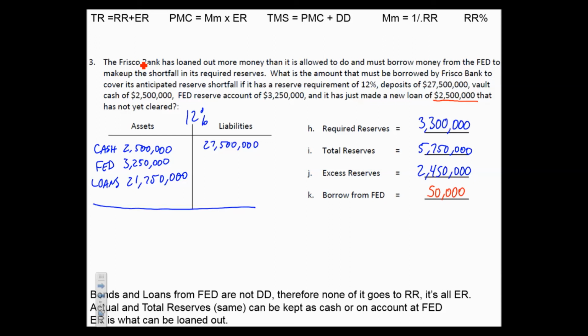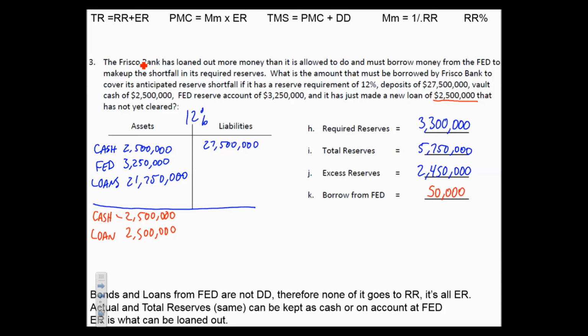They're going to take $2.5 million from cash to make the loan, right? Then they're going to add an asset called a loan of $2.5 million. Those two transactions offset each other. Then they've got to get money from the Fed. So the Fed drops off $50,000 in cash.